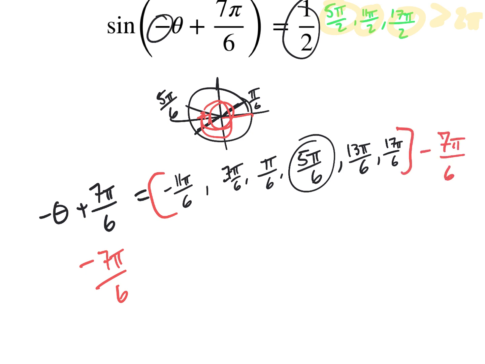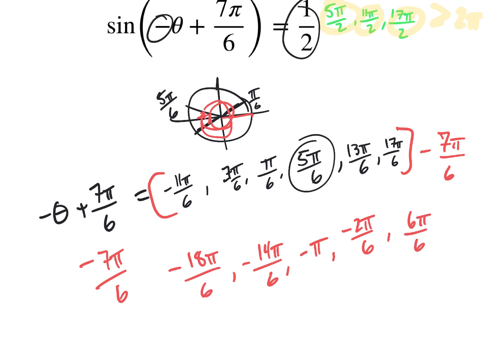Okay, and so now I get negative 18 pi over 6, negative 14 pi over 6, negative pi, negative 2 pi over 6, negative, then I would have 6 pi over 6, and then I'd have, I don't know, I guess 10 pi over 6.